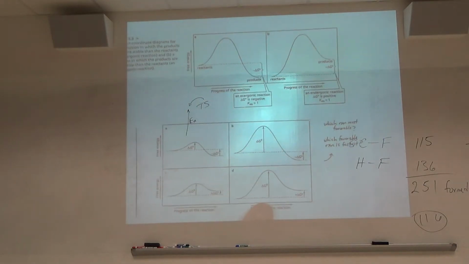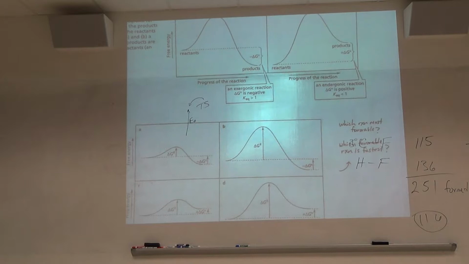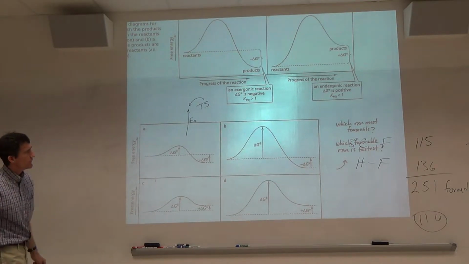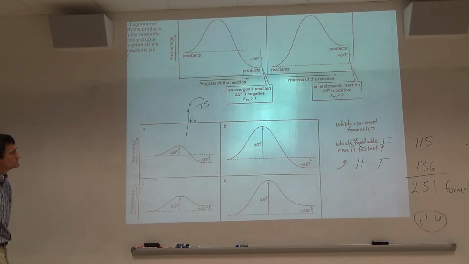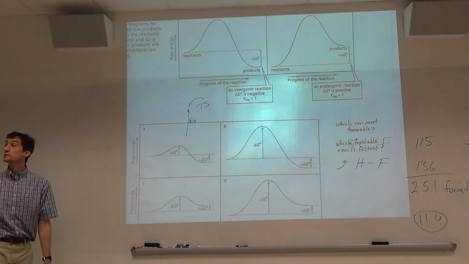We can look at some reaction coordinate diagrams down here. And we can ask the question on the right. Which reaction is most favorable? Of these four, which is most favorable? Anybody want to ask for a clarification of that question? You might want to say, do you mean favorable by thermodynamics or entropy?